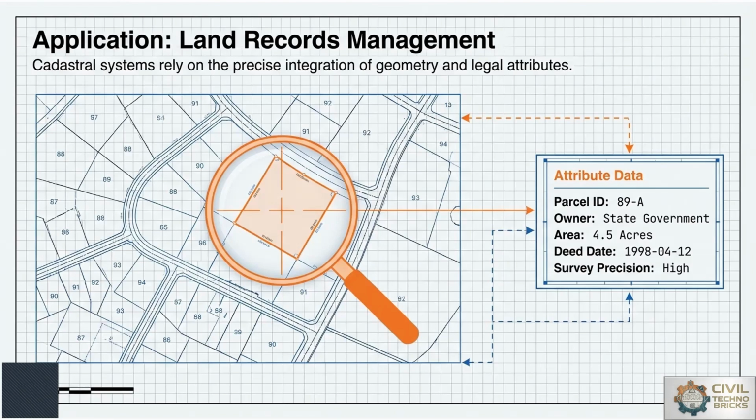Owner is the state government, means that ground control points are in the premises of the state government, where area is 4.5 acres, deed date is there, and survey precision is there. Means we can use that data for data integration and scalability.